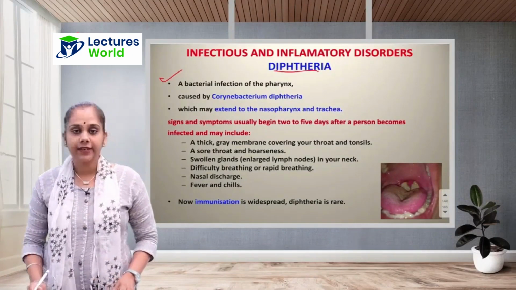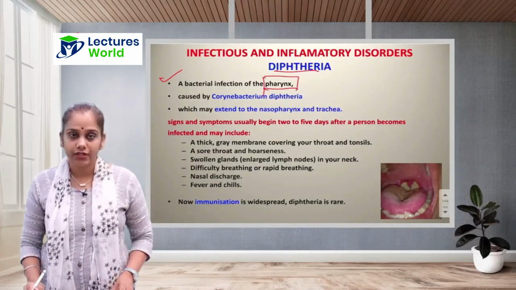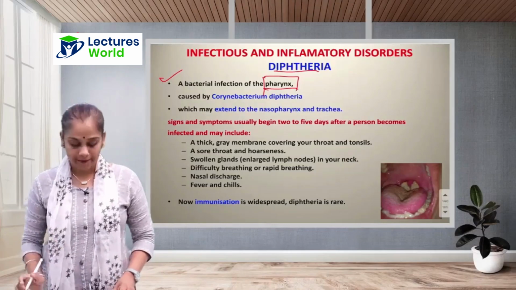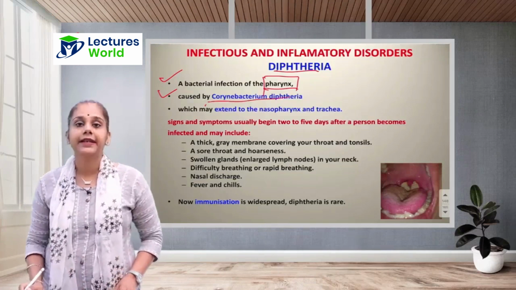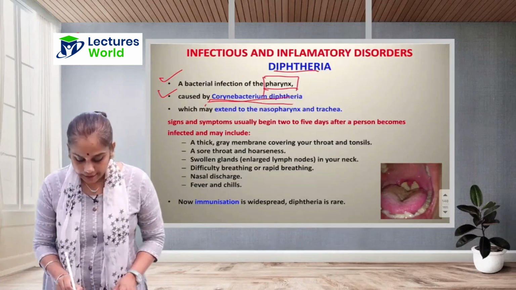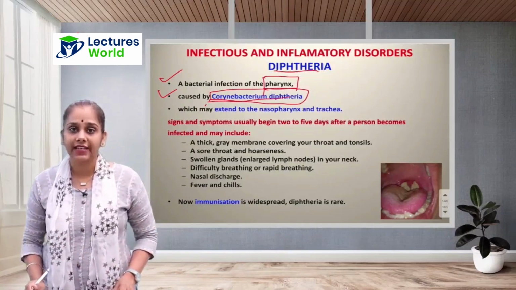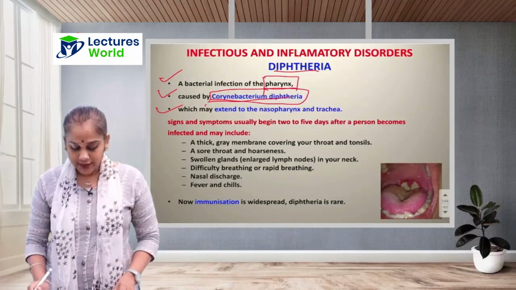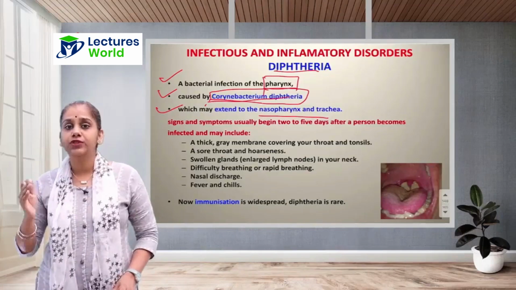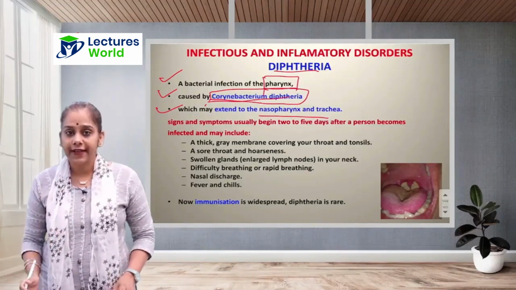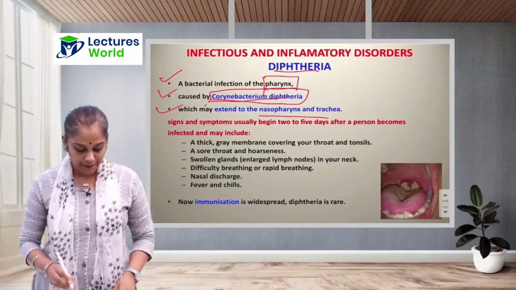It is a bacterial infection of the pharynx, caused by a specific organism known as Corynebacterium diphtheriae, the causative organism for diphtheria. It may extend from the nasopharynx to the trachea, with bacterial infection of Corynebacterium diphtheriae.